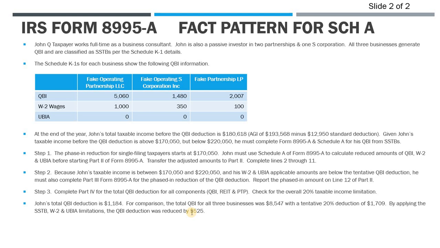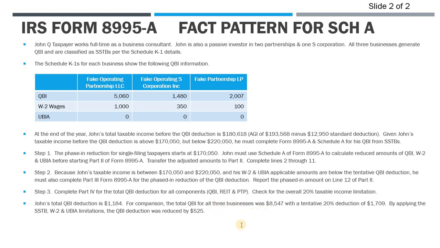And for comparison, the total QBI for all these businesses up here, the 5,060, the 1,480, the 2,007, was $8,547, and a tentative 20% QBI deduction would have been $1,709. So it is a greater amount than what we actually got to claim because, again, we have all those phase-in limitations that we have to be mindful of. So by applying these SSTB rules, the W-2 and UBIA limitations, the QBI deduction was lower by $525.